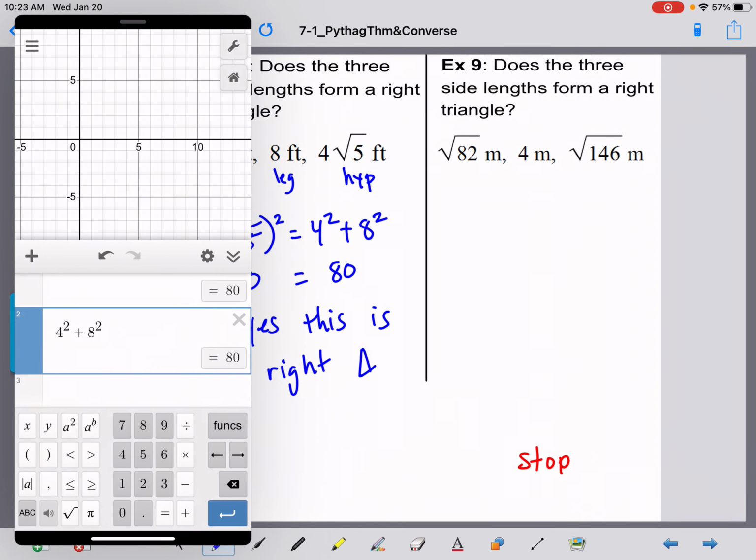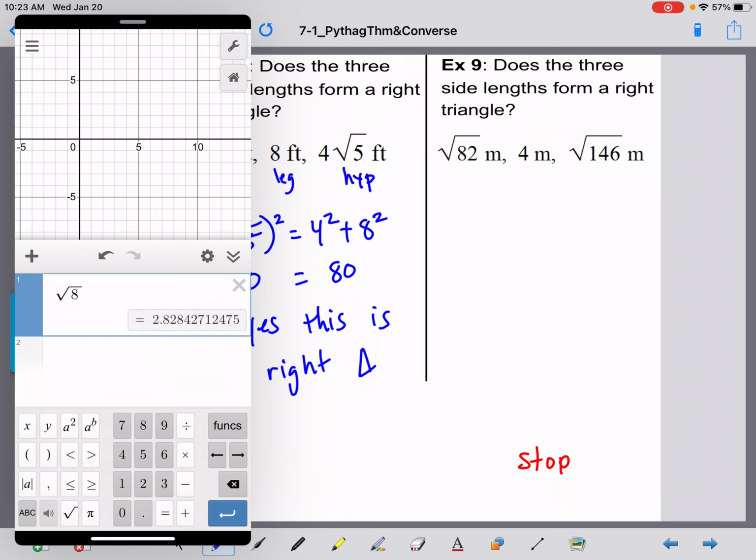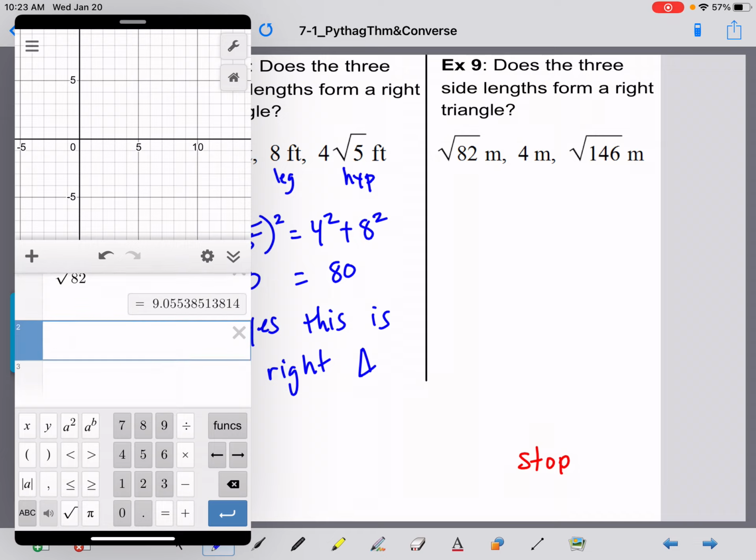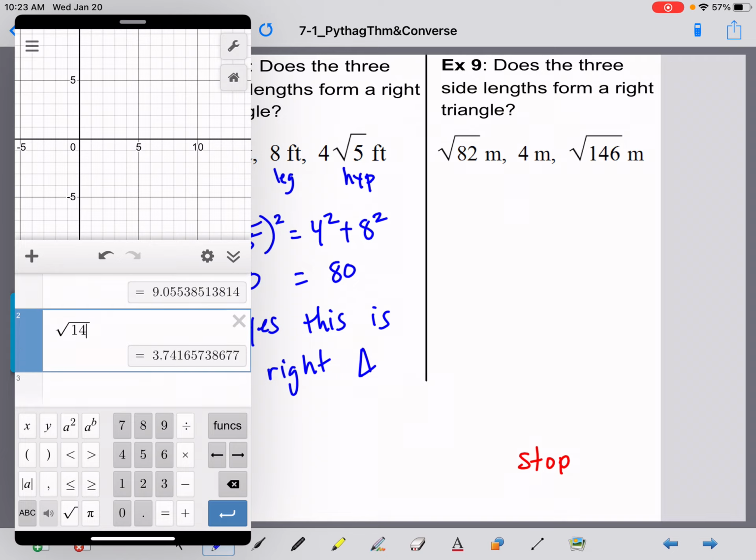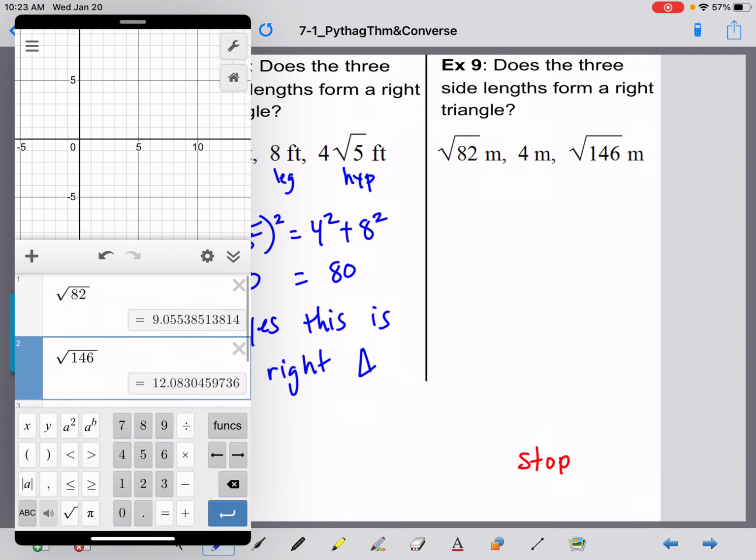And one more example. Oh my goodness, I've got two radicals, and I don't know what either one of those are as a decimal. That's just not a piece of information that I carry around. So the square root of 82 was 9 something. And the square root of 146 is 12 something. So that means this would be the hypotenuse, this would be a leg, and this would be a leg.